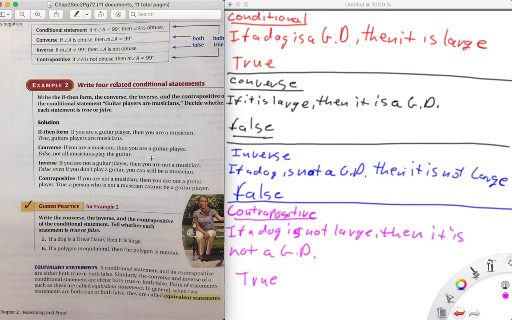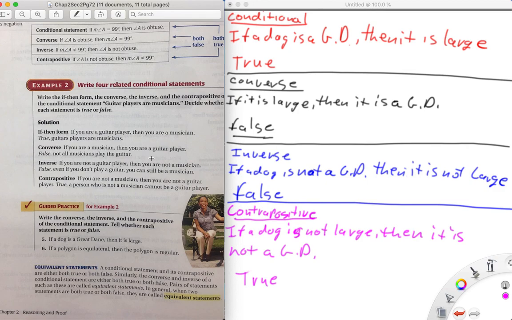In general, when two statements are both true or both false, they are equivalent statements.